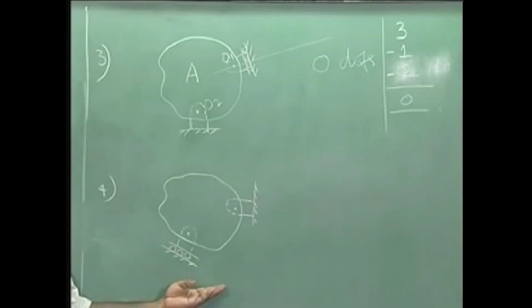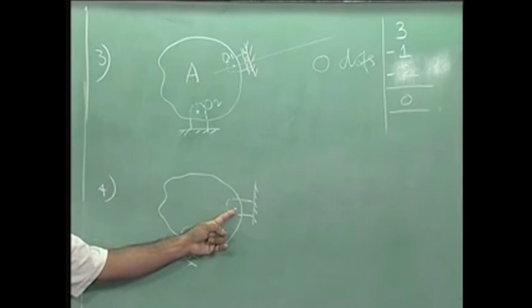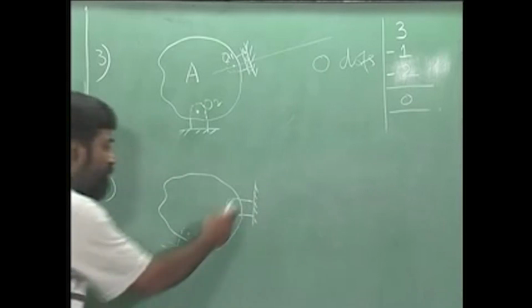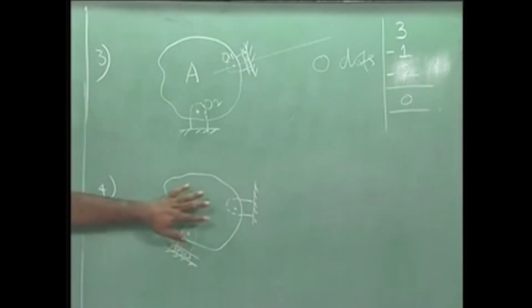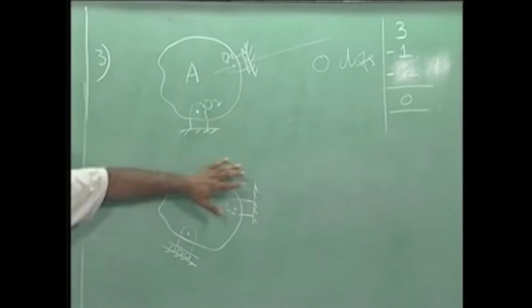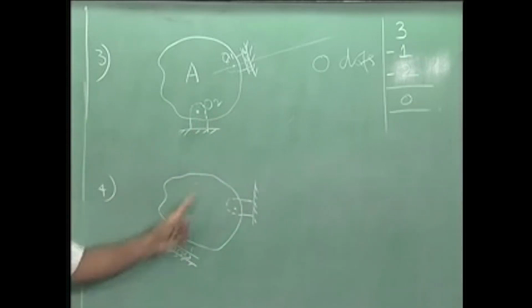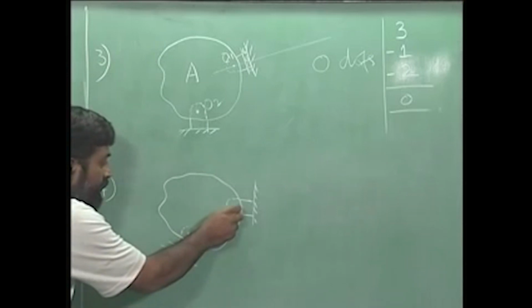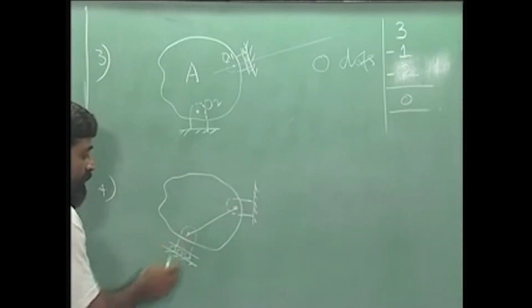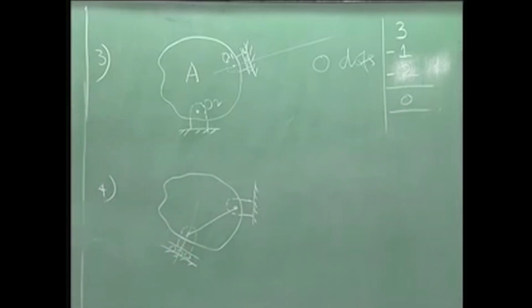How about this? Very simple, there are two translations arrested, one translation arrested here, a total of 3 translations arrested, and this body cannot move in x or y direction, and it cannot rotate, because about this particular point connecting these two lines, if I take this point and try to rotate, this will arrest the motion along this direction, which means it cannot rotate.